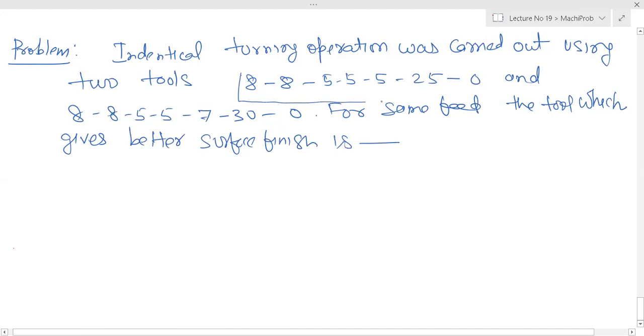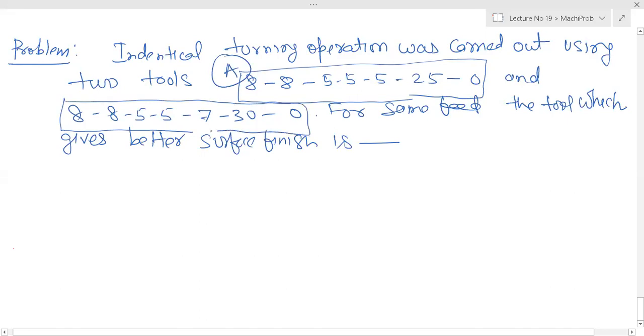This is one tool, suppose tool A, and this is another tool, tool B. Now you have to tell: an identical turning operation was carried out using two tools for the same feed. Feed we are keeping the same. Which tool will give better surface finish? Please tell me. What is the answer?